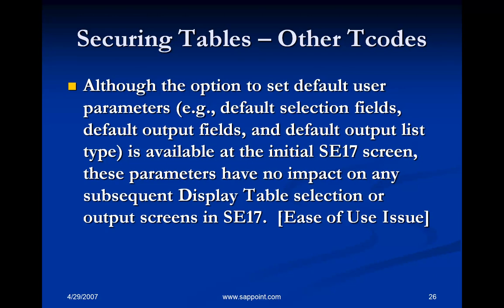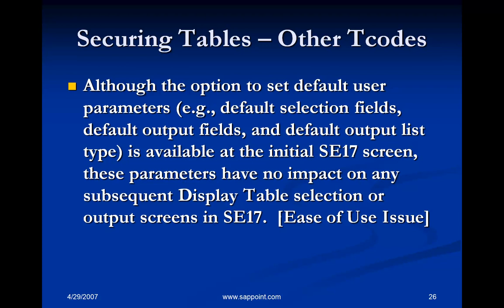Now, although the option to set default user parameters, for example default selection fields, default output fields, and default output list type, is available at the initial SE17 screen, these parameters have no impact on any subsequent display table selection or output screens in SE17.